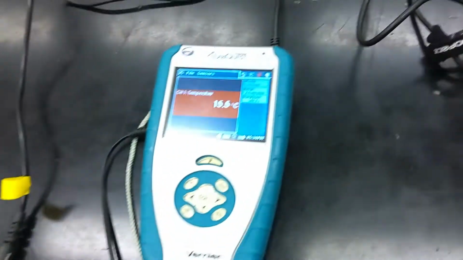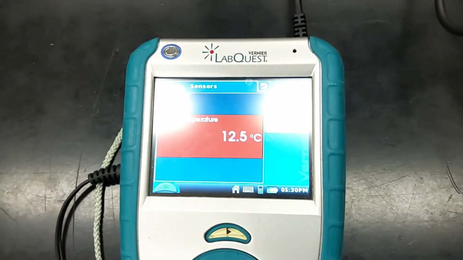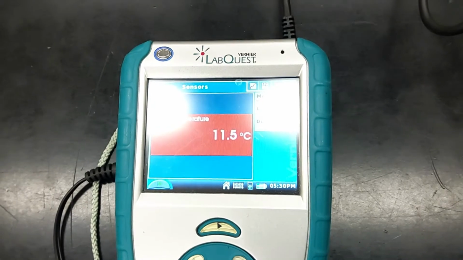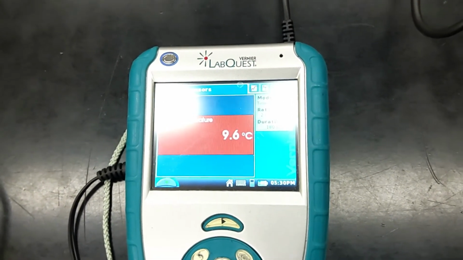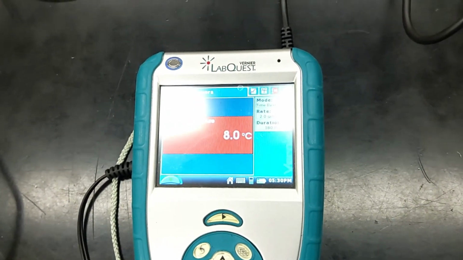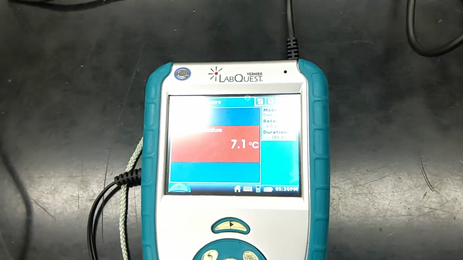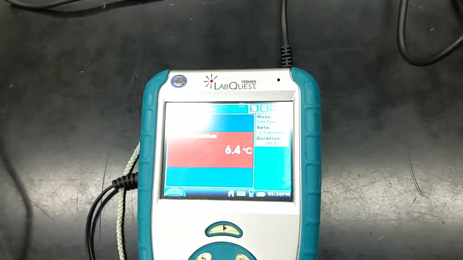There. I didn't touch the metal part of the probe, and you can see it's dropping rapidly. Look at how fast that temperature drops. That tells us that pentane is extremely volatile, and as it evaporates, it cools the surroundings. Now it's dropping down to below 7 degrees Celsius.